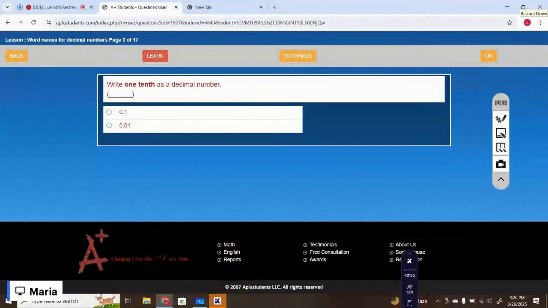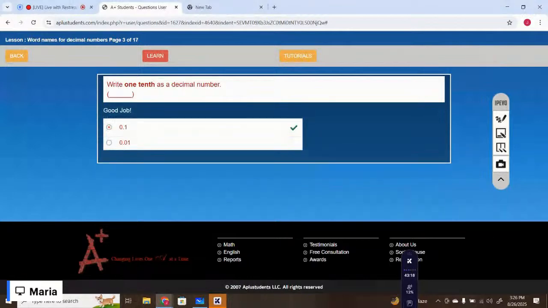Write 1/10 as a decimal. One-tenth, it would be 0.1. Option number 1 is the correct option.